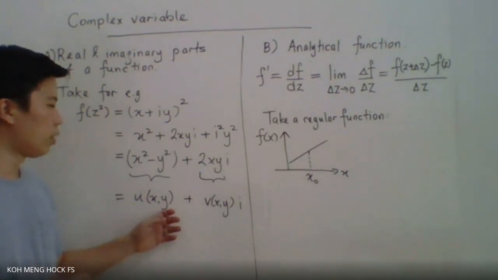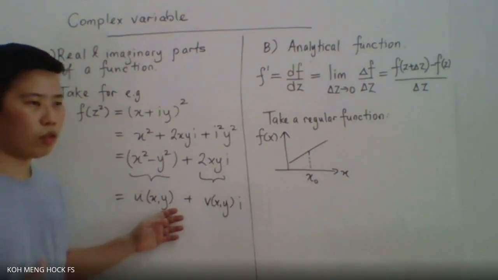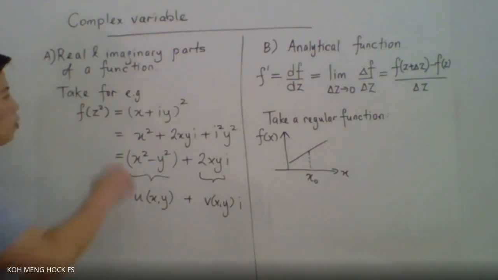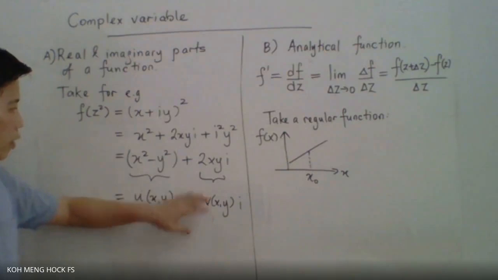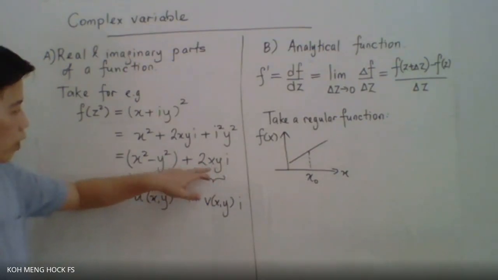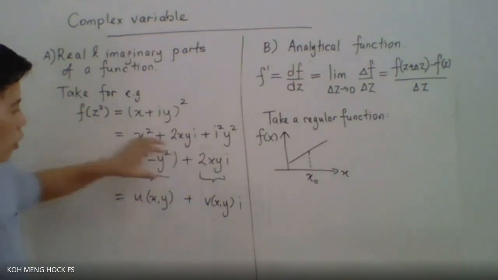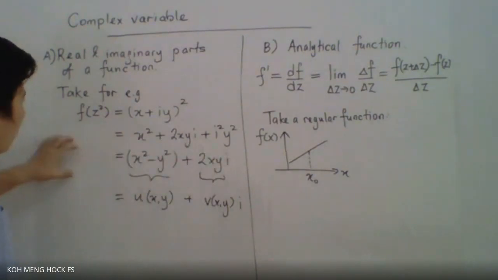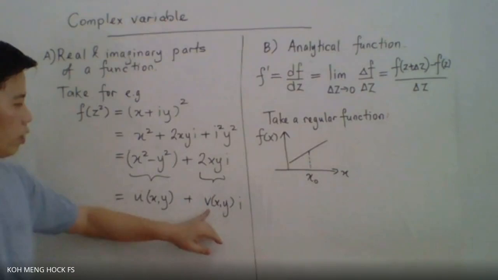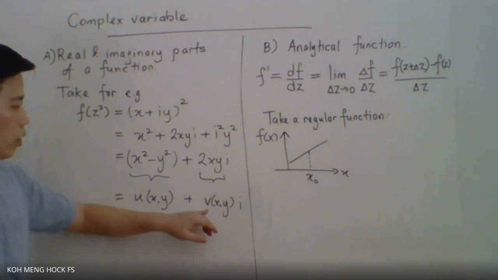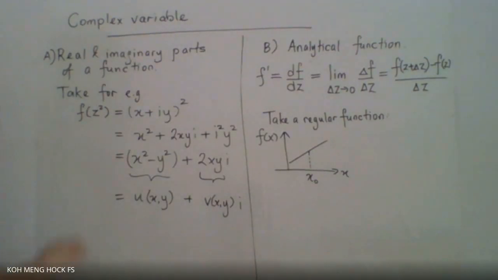This is not the same as the real part. The real part of a complex number is x, but x and y are real numbers. So u is a function of real numbers x and y. And 2xy, which is the imaginary part of this complex number, we will write as a function v. So this is v(x,y).